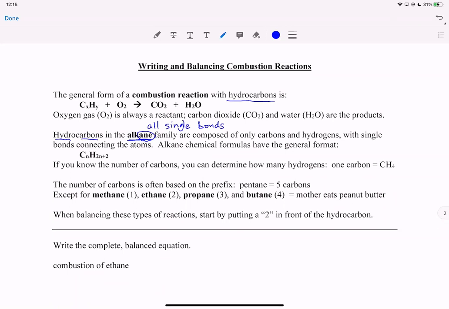You only have hydrogens and carbons, and you also have only single bonds, as opposed to, say, double bonds or triple bonds. So the name ending is ANE. We'll see in a much later module that when you have double bonds or triple bonds, you end up changing the name ending for hydrocarbons.